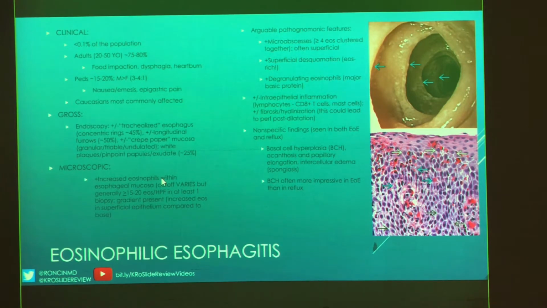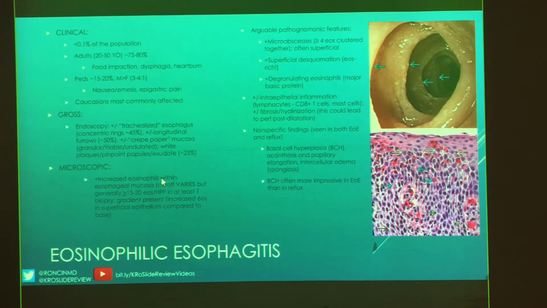Some people would say that the following are pathognomonic features. I leave that up to you guys, reading some papers and deciding for yourselves what you think about that. But if you see a lot of microabscesses with clustered EOs, that can correspond to those little white plaques or papules that they see on endoscopy.